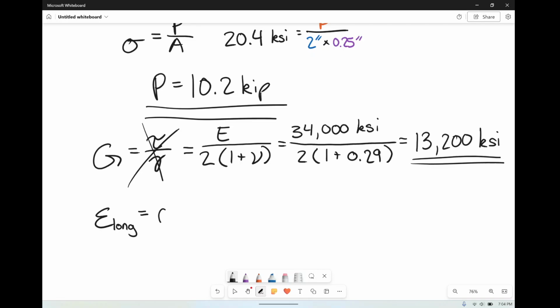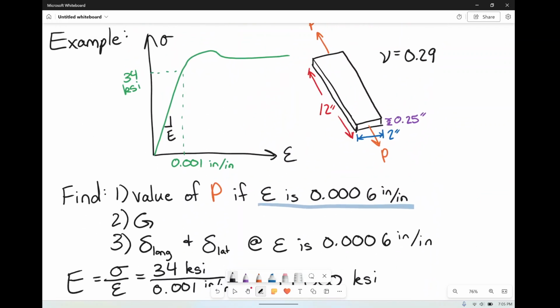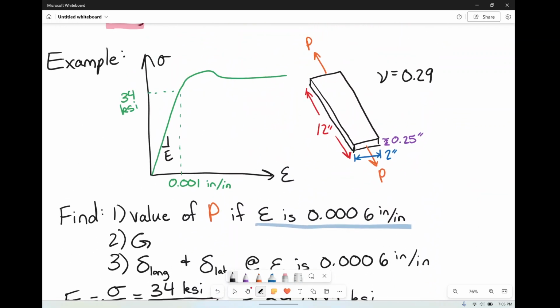And we said that value is 0.0006 inches per inch, and we know that strain is simply the deformation over the original length. So deformation is what I want. What is the original length? The original length in the longitudinal direction is 12 inches.